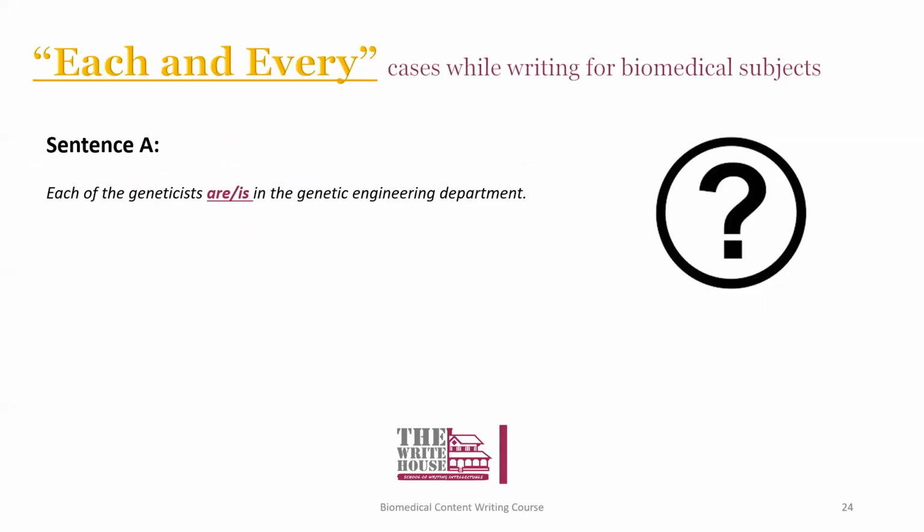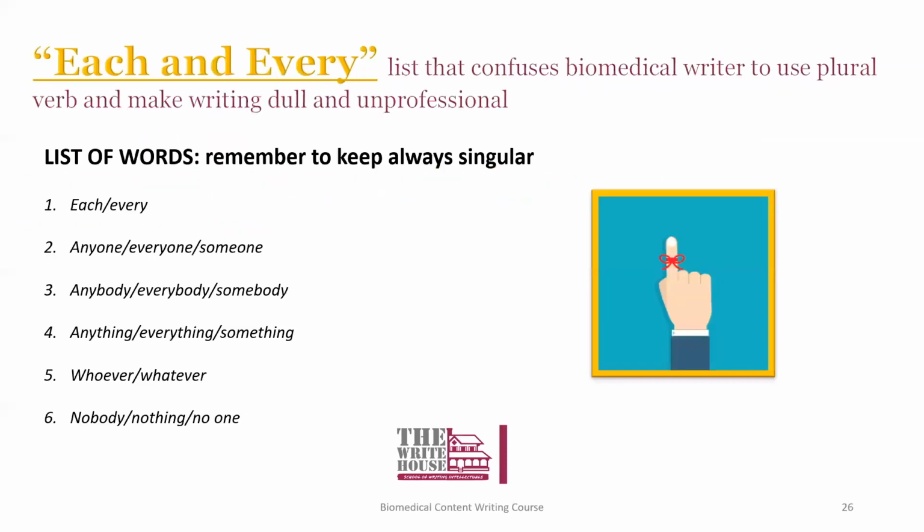When you're writing anything, each one, everyone, someone, these are the terms where you always use a singular verb. So each of the geneticists is in the genetic engineering department. Now, this is the list that confuses biomedical writers to use a plural verb and makes writing dull and unprofessional.